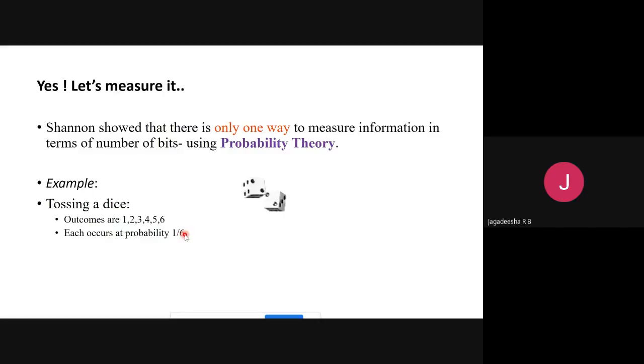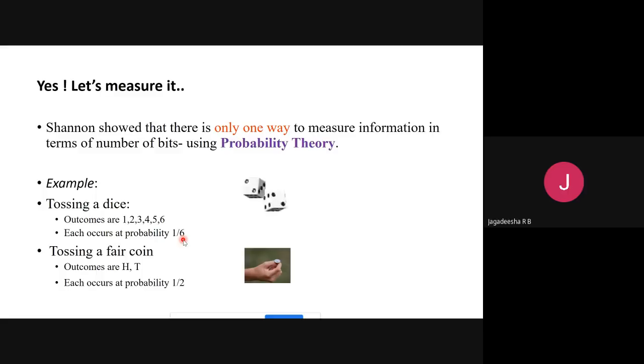You throw the die, you get a 2, or a 3, or any number from 1 to 6, right? For every number, there is a probability of 1 by 6. Similarly, tossing a coin, what are the different possibilities? A fair coin gives either head or tail. Both head as well as tail have an equal probability of 1 by 2.